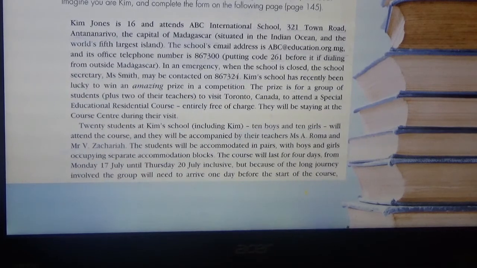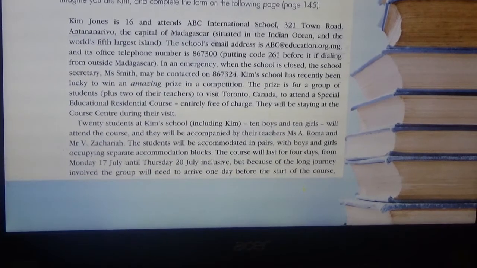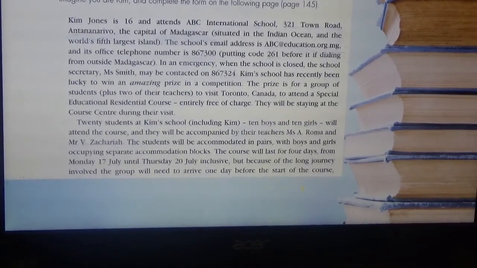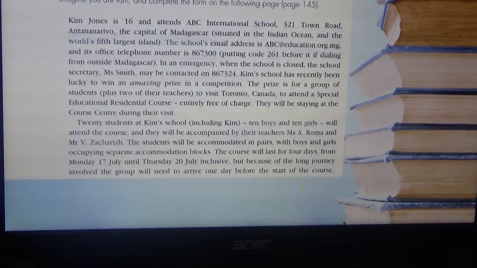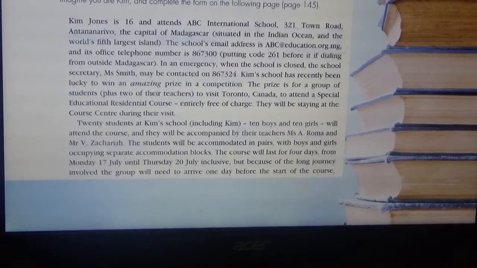So what are we supposed to do with questions like this? For exercise 3, it's usually this style. You will be given a passage where you will gather information, and the next step is to transfer the information onto a form.